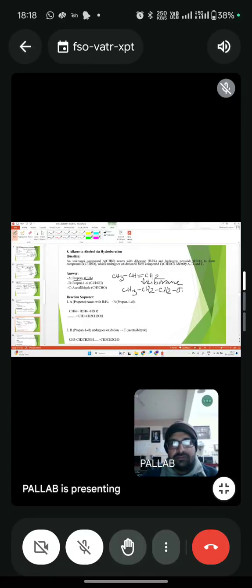So it will give us this product, and when it undergoes further oxidation, it will provide us CH3CH2CHO. Here is your C3H6, that is 3 carbon, 6 hydrogen and oxygen. Okay, let's go to the next slide because time is taking.